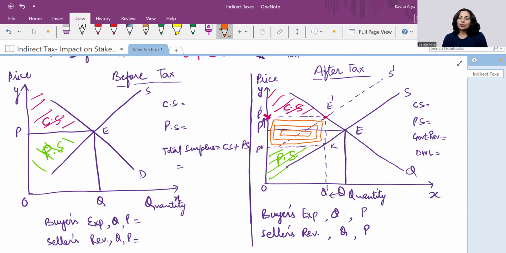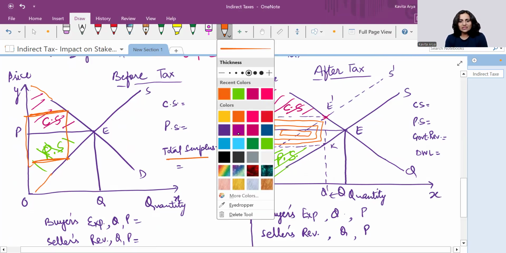right? So earlier this whole was the total surplus. Total surplus was consumer surplus plus producer surplus, and that was the maximum value. But after giving this taxation, this much above is consumers, below is producers, and the middle box is the government revenue. So we are left with this triangular region. And what is this triangular region known as?